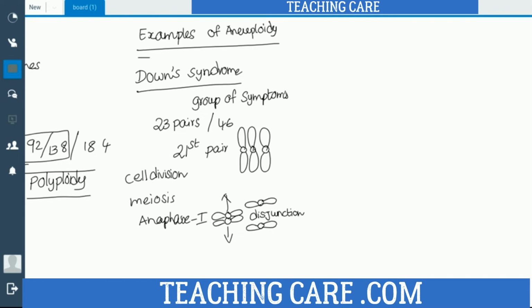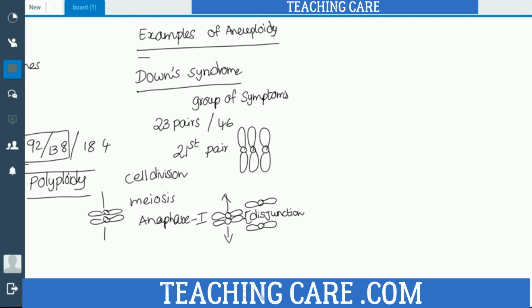If disjunction does not occur properly, what will happen is sometimes both the chromosomes will go to one end. Actually, one chromosome should go to one end, and the other chromosome should go to the other end.